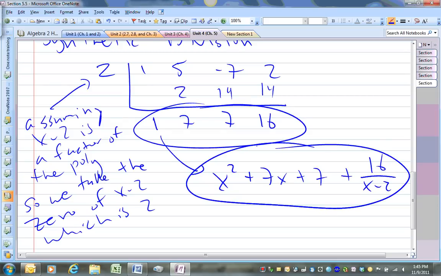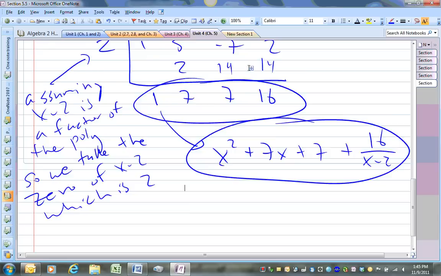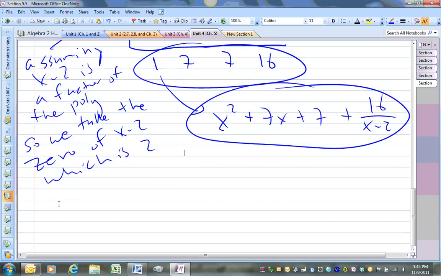Let's talk about the remainder and factor theorem. So let me type these up, then do a couple examples, and the video will be done. So let me find a place where I can type some text. Remainder theorem.